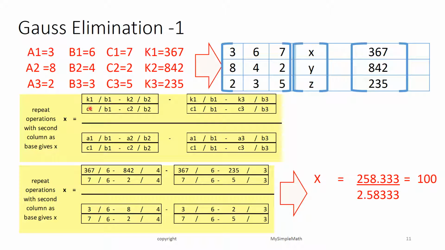Similarly, c1 as 7, b1 as 6, c2 as 2, b2 as 4, c1 as 7, b1 as 6, c3 as 5, b3 as 3. And similarly, for the denominator right here, we substitute the values of a1, b1, and c1 from this matrix. And once you solve all this, it comes out to 100, which is exactly what we anticipated it to be.